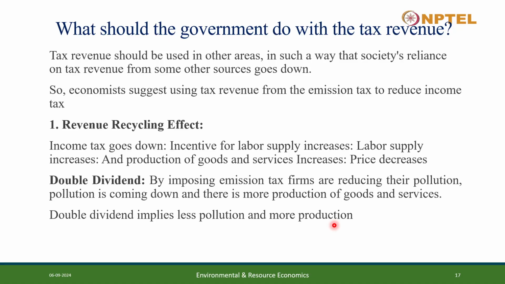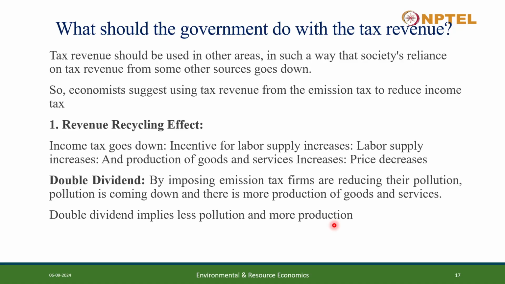Now we are discussing what the government should do with the tax revenue. One idea is that the tax revenue can be used to abate pollution or to clean the environment. Actually, the tax revenue should be used in other areas in which society's reliance on tax revenue from some other source goes down.